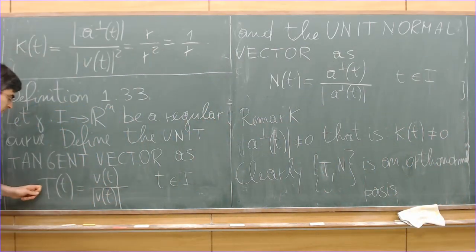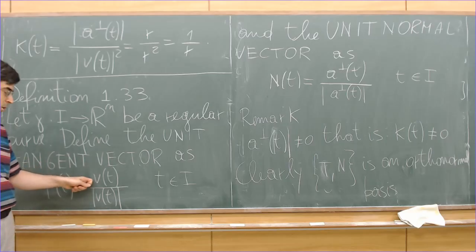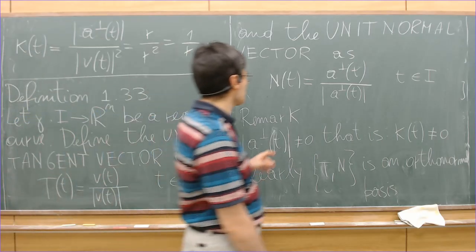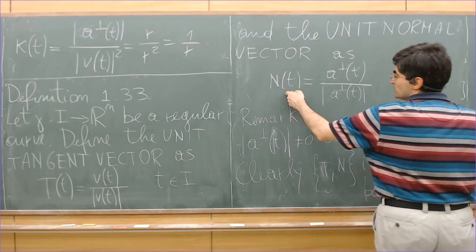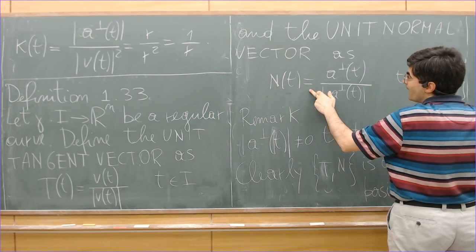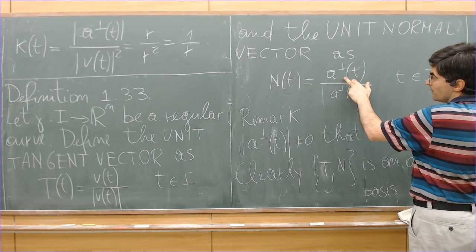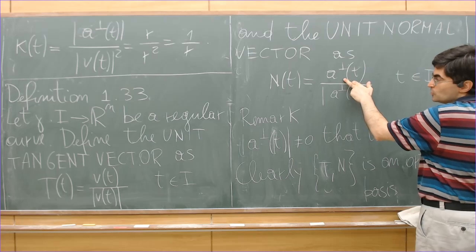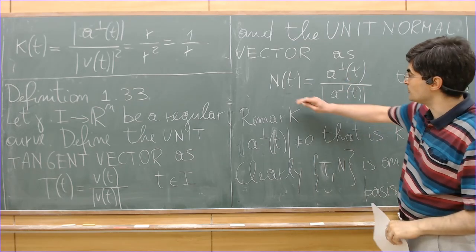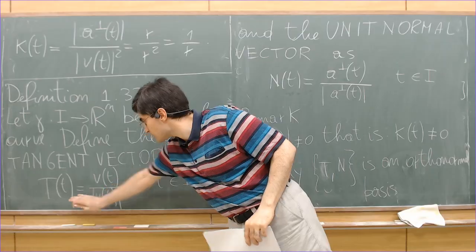Because the unit tangent vector is parallel to the velocity vector, and the unit normal vector is parallel to the orthogonal component of the acceleration vector, which is orthogonal to the velocity vector. So this vector is orthogonal to this one.